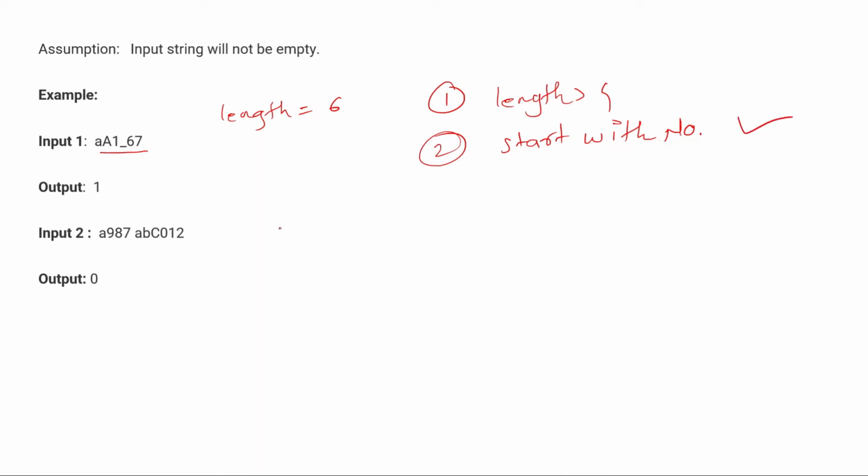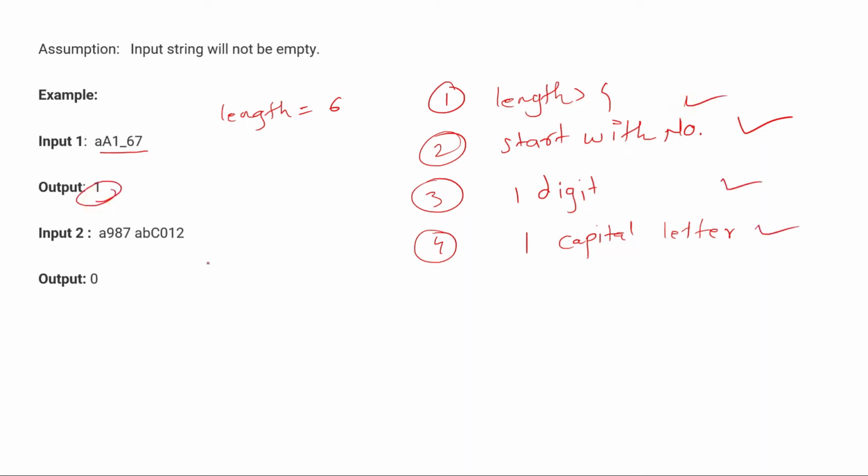It passes this also. And then the third criteria is that it should have at least one number, one digit, and one capital letter. So all the criteria are passing here. That's why we have to return 1.